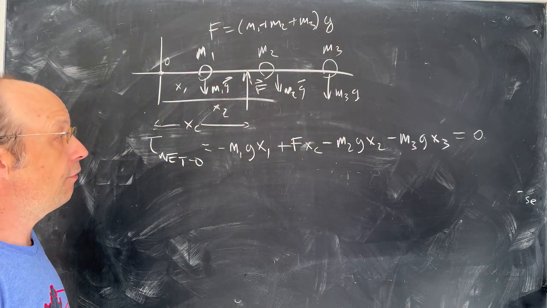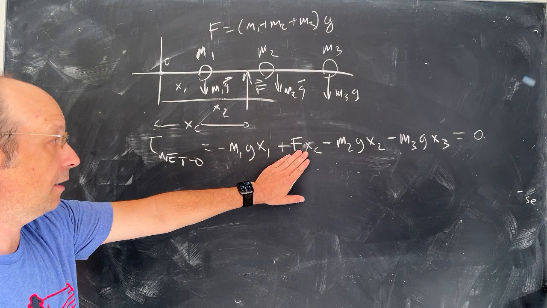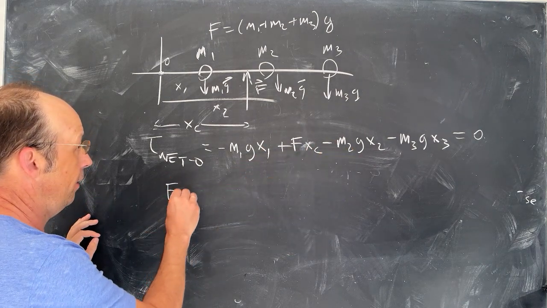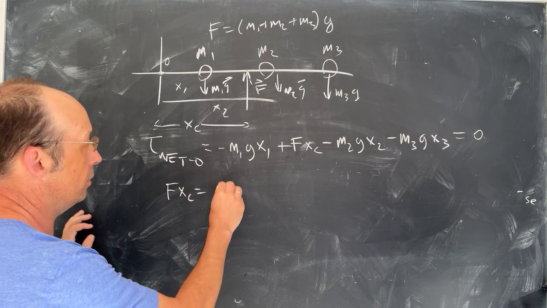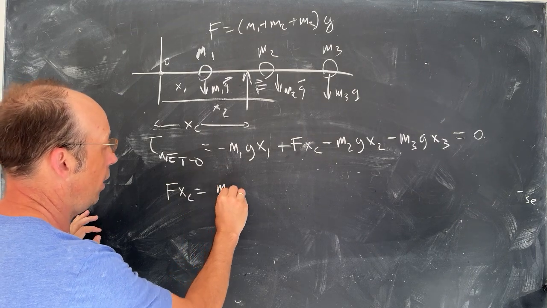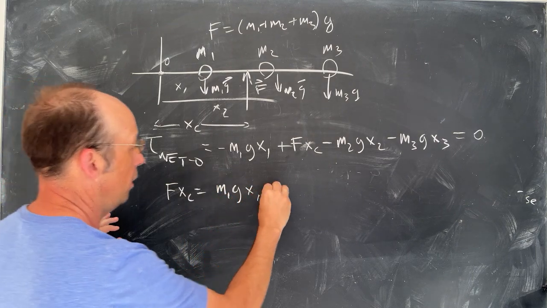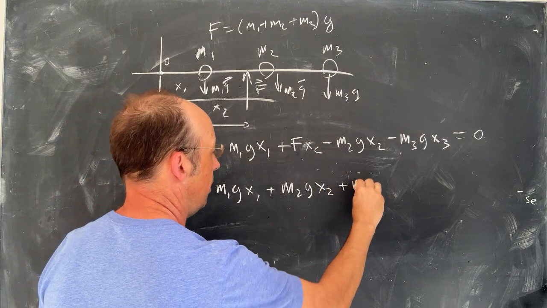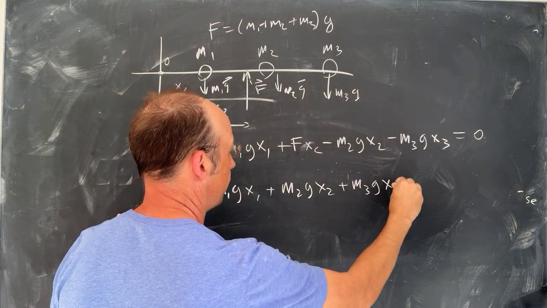Let's solve for xc. I'm going to add all those negative terms to the other side. I get F xc equals m1g x1 plus m2g x2 plus m3g x3.